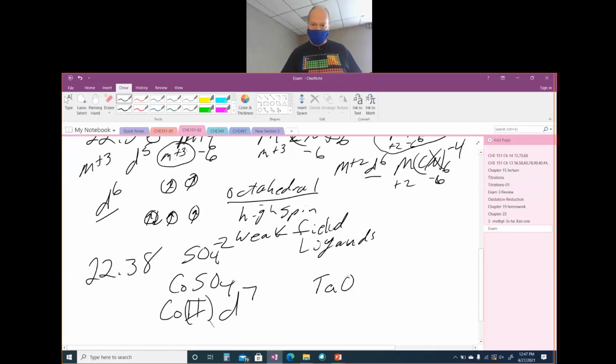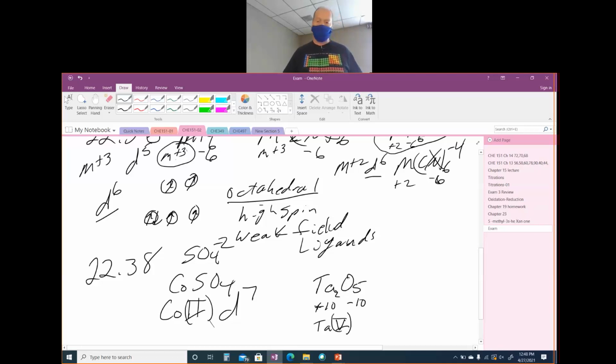And if you have Ta2O5, this is a -2 for each oxygen, so that is a -10, so this has to be a +10 because it is overall neutral, and so your Ta has an oxidation number of 5. So you find Ta on your periodic table, and it is element number 73.